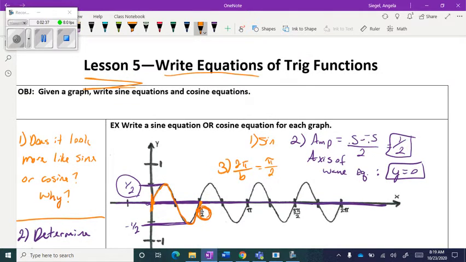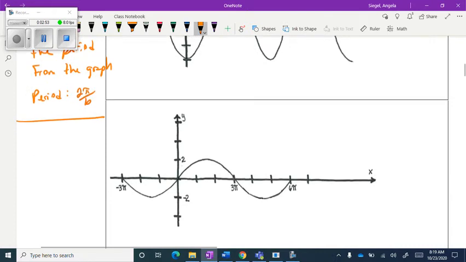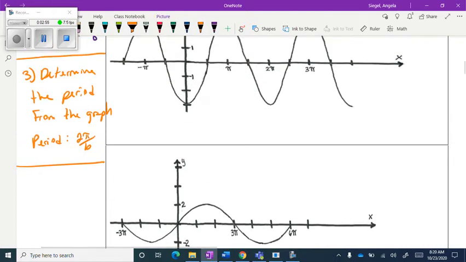And so we need to find b, because we're going to use that in our equation. So if I cross multiply and divide, I find out that b equals 4. So that's going to be helpful when we finally, in step 5, write the equation.